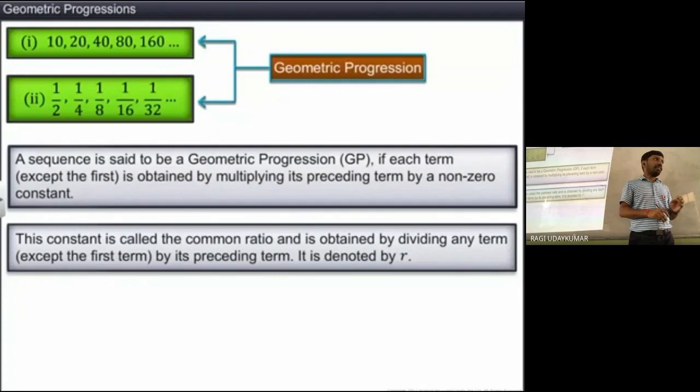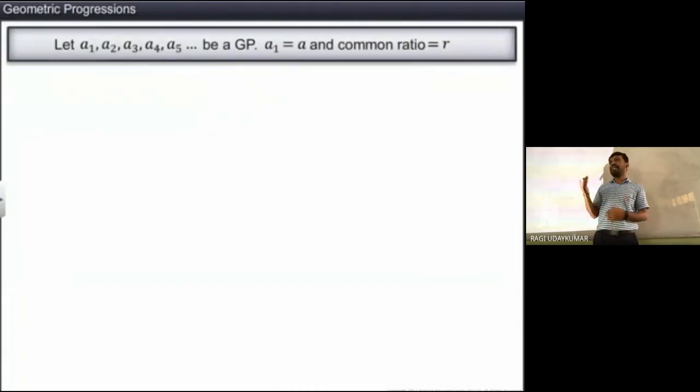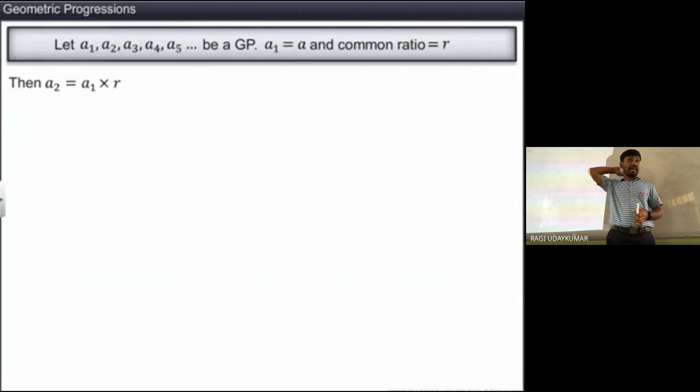That constant we are multiplying by is called the common ratio, obtained by dividing any term except the first term by its preceding term, and is denoted by R. Common difference is denoted by D in arithmetic progression; in geometric progression, the common ratio is denoted by R. So a1, a2, a3 and so on are in geometric progression. In this, the first term is denoted by A and the common ratio by R.